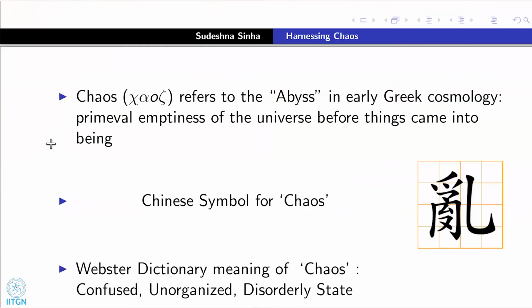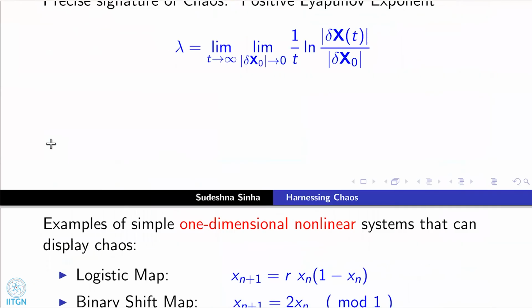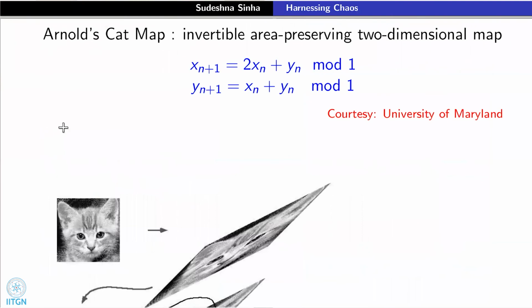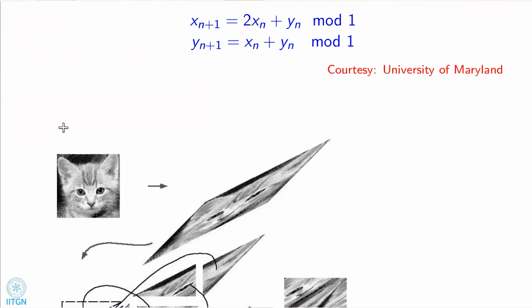Okay, I have overshot. Yes, this one. This is a very classic example of one of the simplest invertible maps. By invertible, I mean that a well-defined inverse of this map exists.